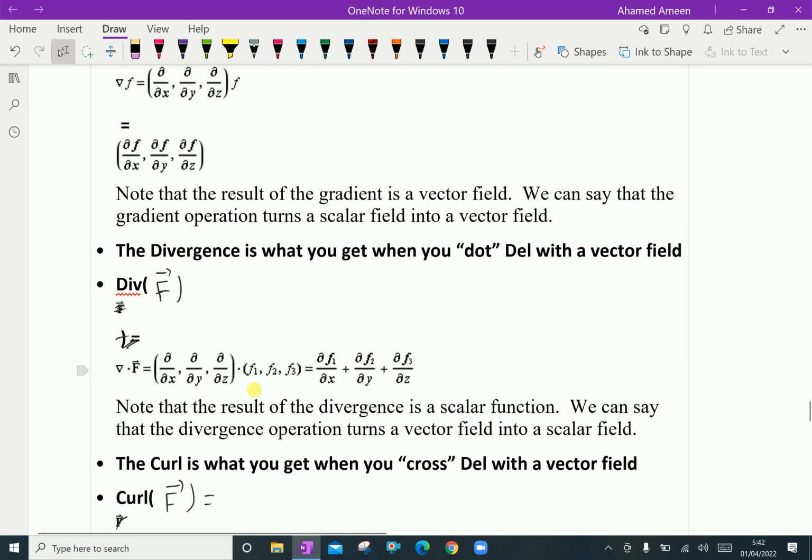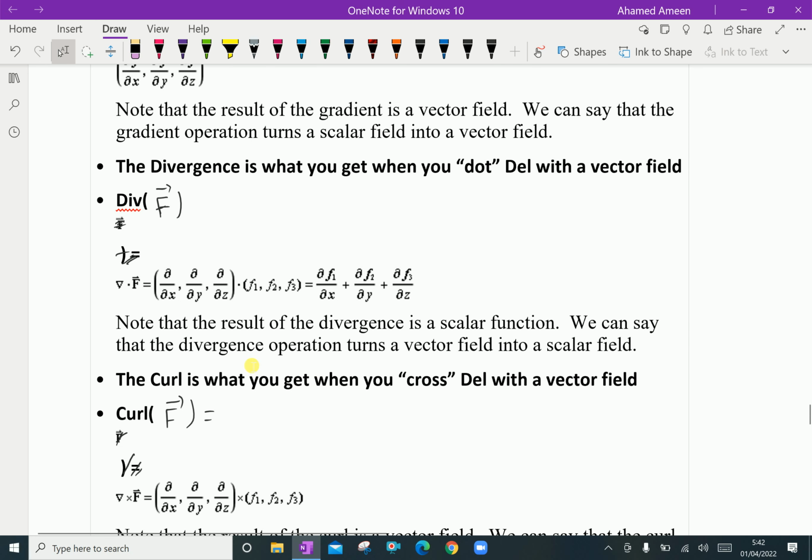These are also dot products. Note that the result of divergence is a scalar function. We can say that the divergence operation turns a vector field into a scalar field. That means divergence changes a vector field to a scalar field.